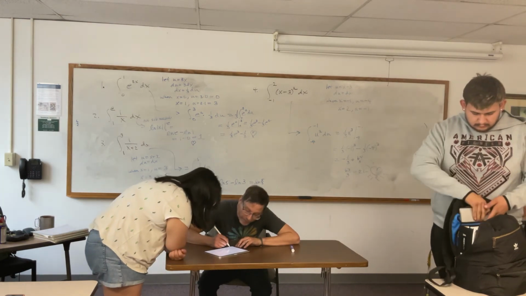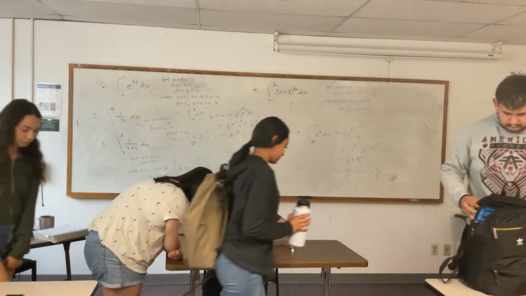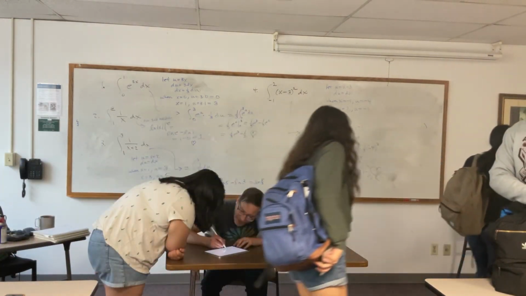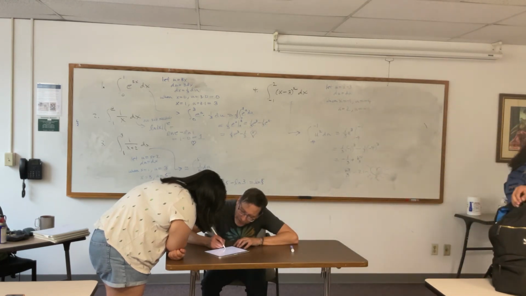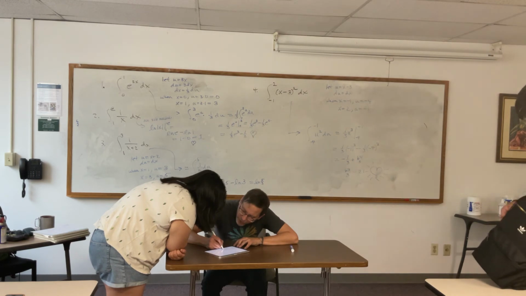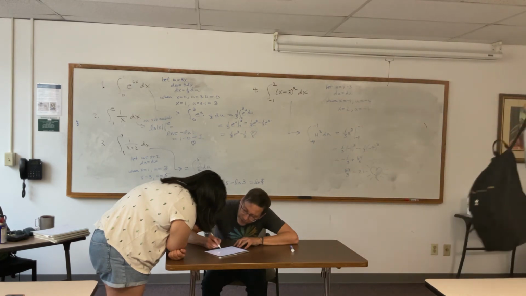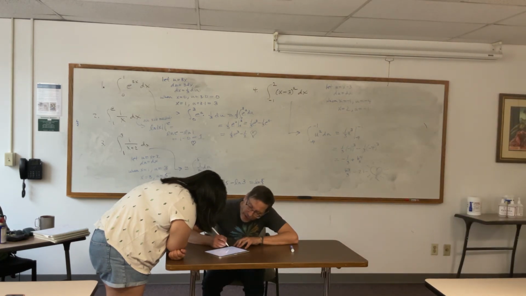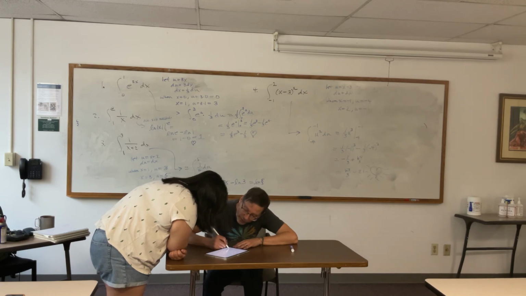So this I would rewrite as, and I would pull that 3.5 out in front. Like that. And so now it's actually ready to roll with the power rule.